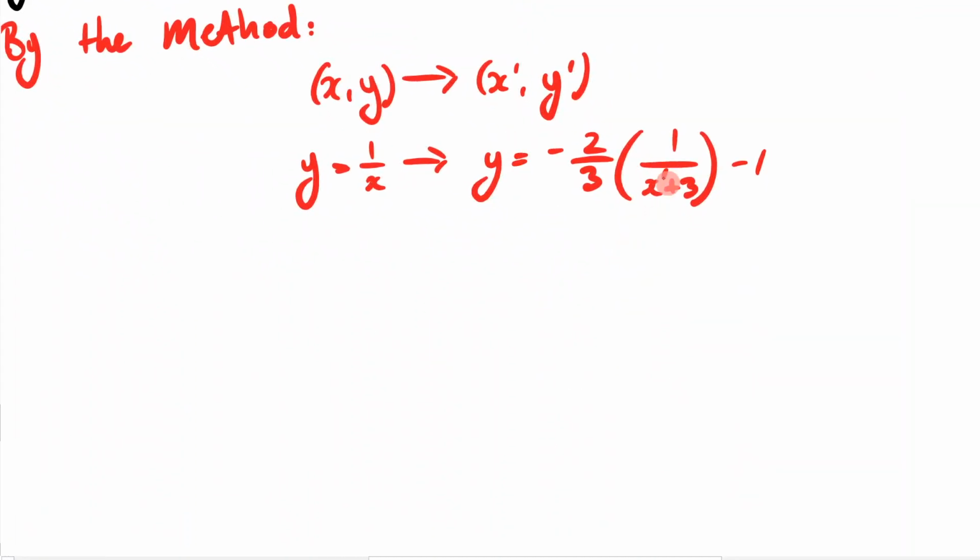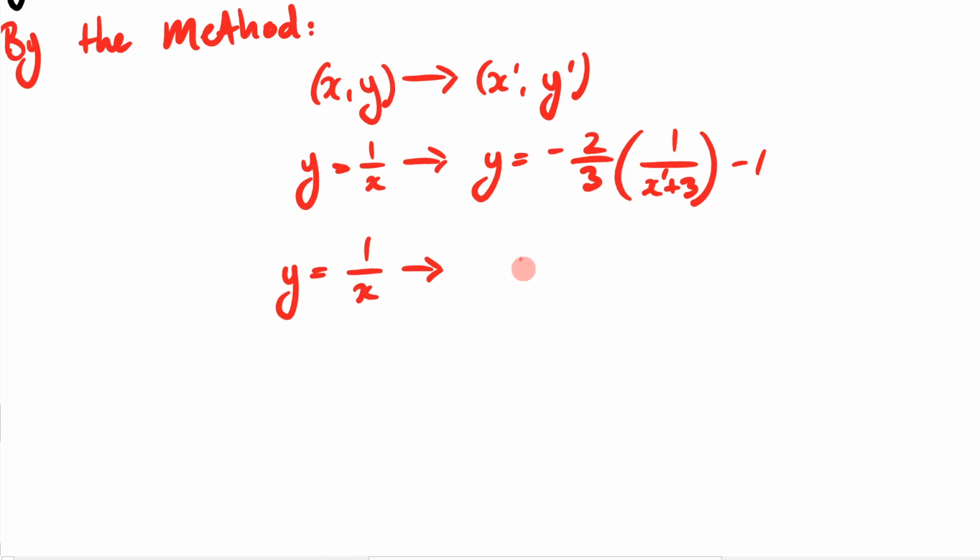Okay, now that I've got that, the next thing that I do is I put my dashes in. Then I rewrite my left-hand side the same. And I'm now going to rearrange this. I'm going to get y plus 1, because I'm going to add 1 to get rid of this -1 there. And now I need to get rid of this. Let's do this in one step.